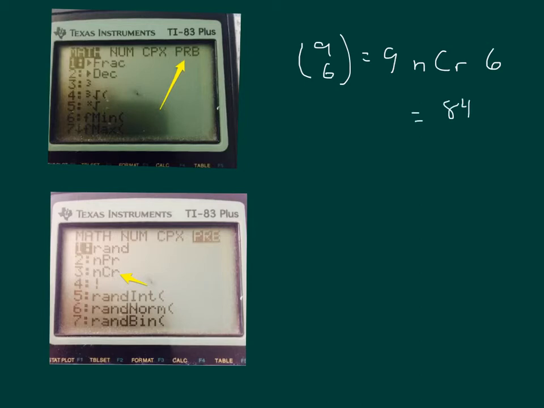Try this with something like 10 choose 4. Go ahead, do that in your calculator right now. Make sure that you get the correct answer. When you did that, you would put it as 10 nCr 4, and that comes out to be 210.